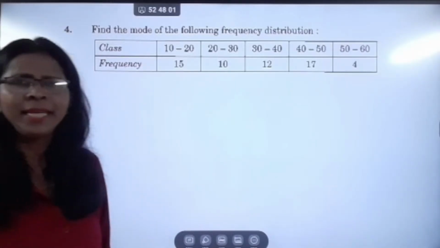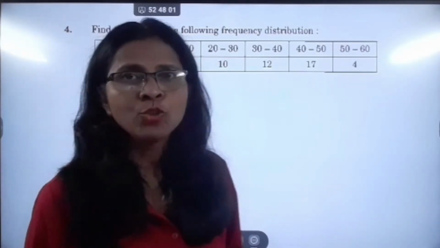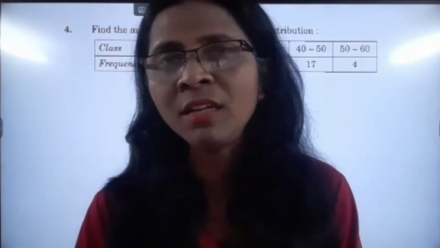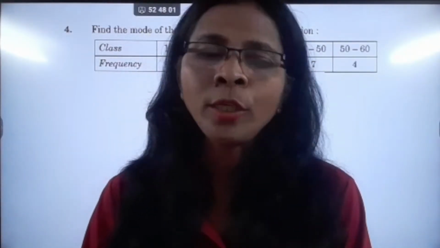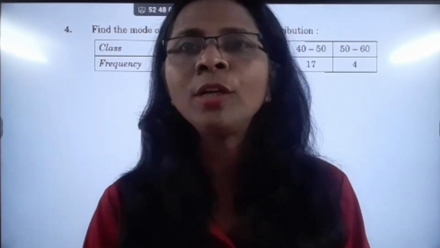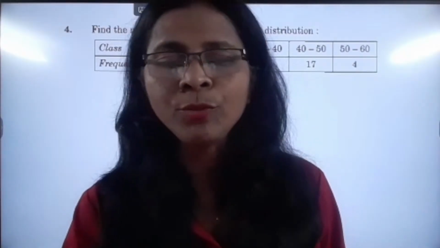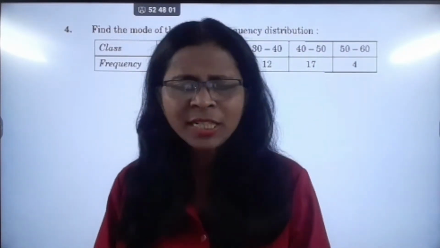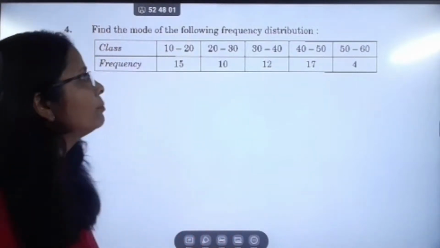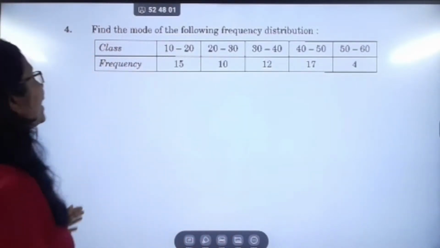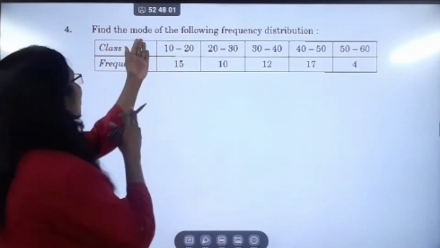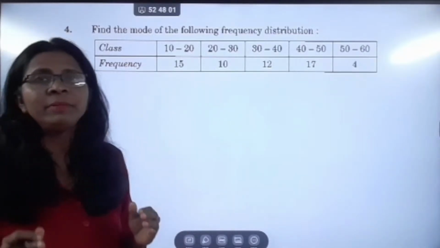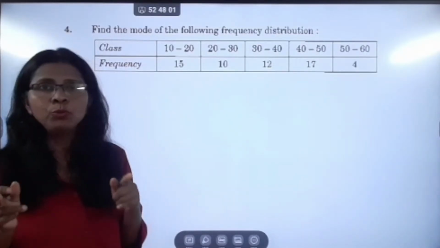Yes students, very easy question, but here the information is given in horizontal form, so we write this information in a vertical column. First write down this information in a vertical column and then we find out the mode, because it will be convenient to you, students.